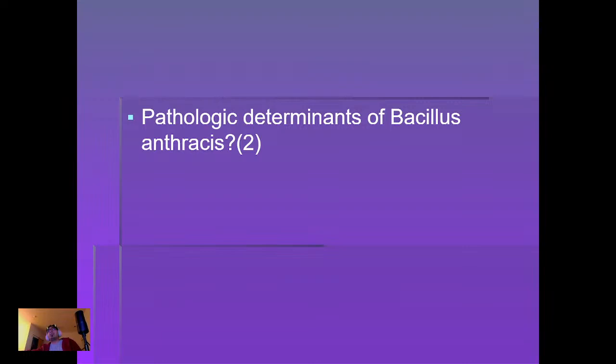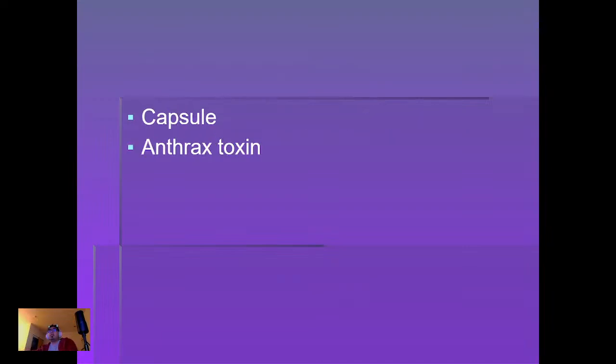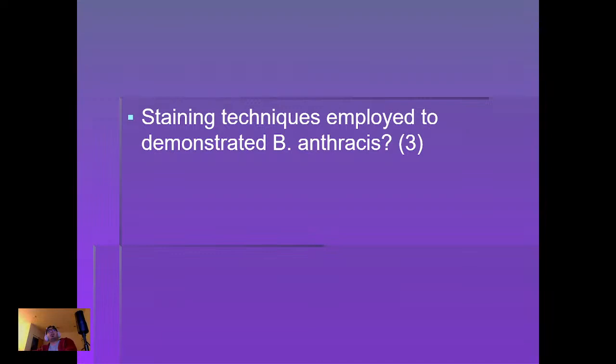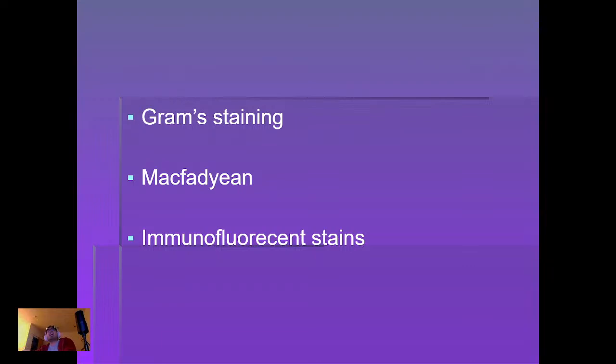Now, there are pathologic determinants when we talk about Bacillus anthracis, and this includes the capsule again and anthrax toxin. Okay? And what makes it easy to be demonstrated is using staining techniques. You could either use gram stain, you could use the McFadden stain, or immunofluorescent stains.